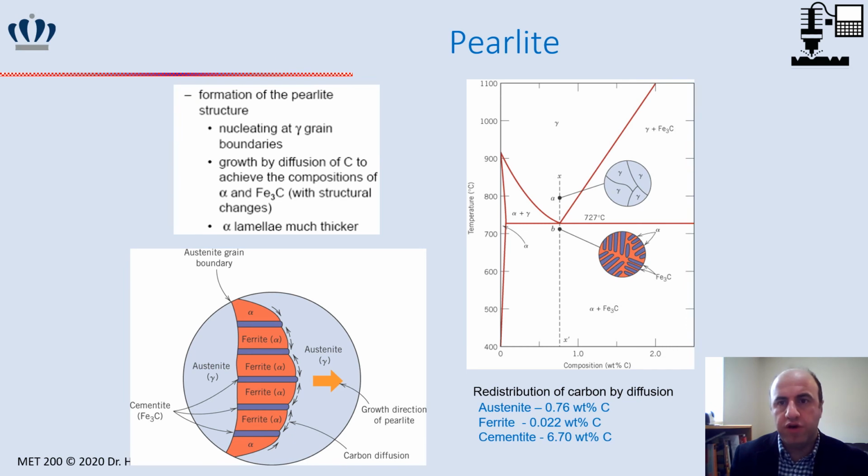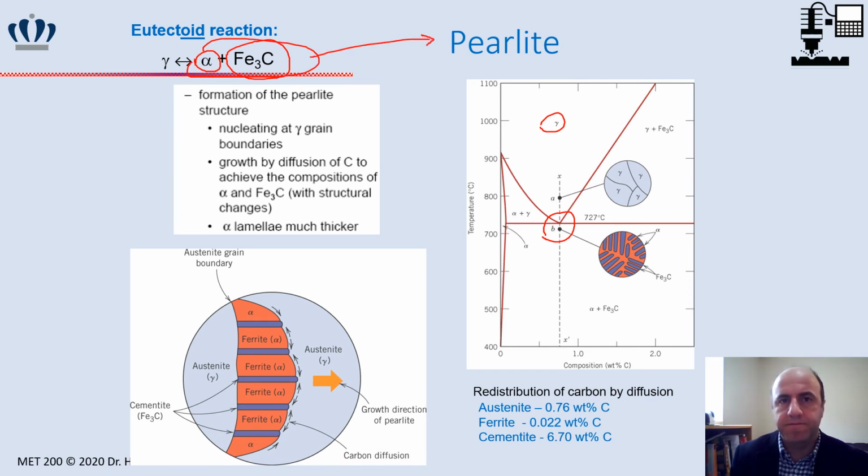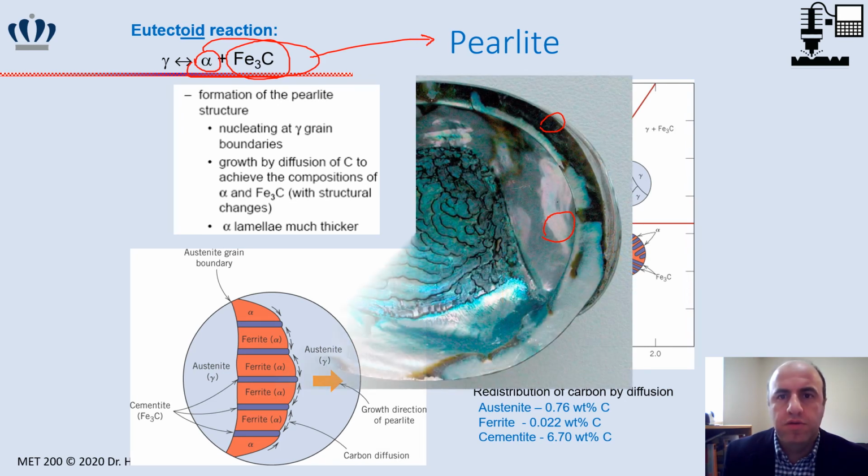I mentioned that we are interested in this area where gamma or austenite is transformed to alpha ferrite and cementite, and this gives you a unique arrangement, and that arrangement is called pearlite. The reason we call it pearlite is because it is similar to pearl.